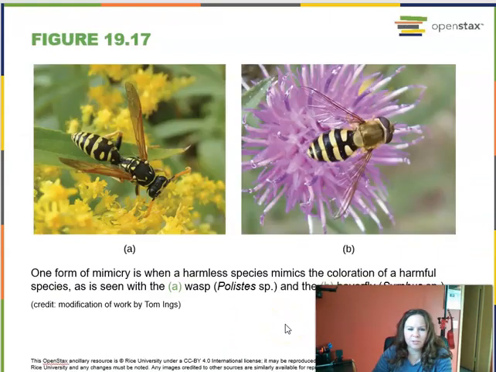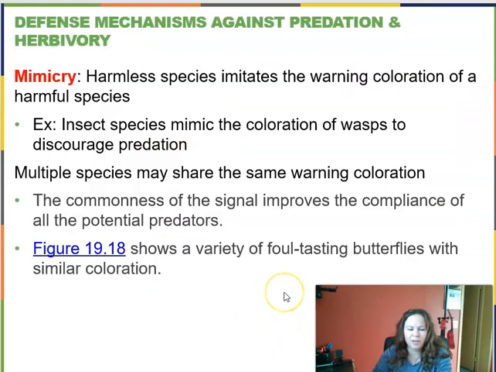Animals can also use mimicry. This is when a harmless species imitates the warning color of a harmful species. Like different insect species will do this, like mimicking coloration of wasps to discourage predation. There's some butterflies that mimic the monarch butterfly coloration, like the viceroy, to let others know, oh, please don't eat me. I'm trying to fool you with my color to make you think I taste bad when probably I really don't.